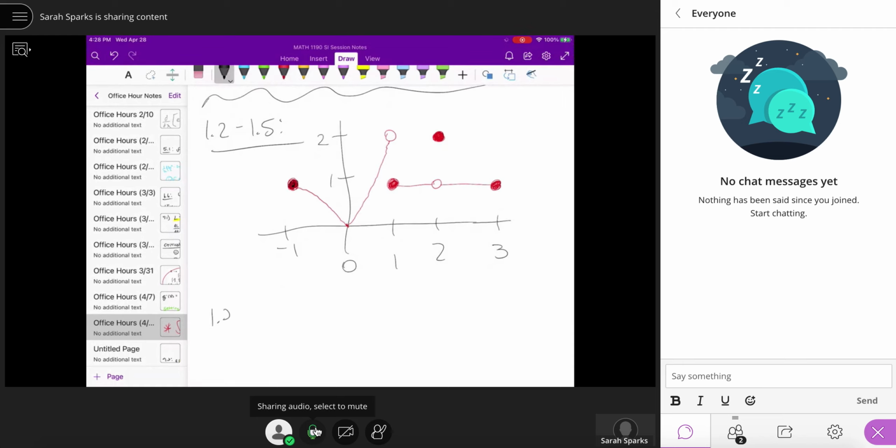So 1.2 asks us to find the limit, and I guess I should write this function is y equal to f of x. So they want us to find the limit as x goes to -1 from the right of f of x.